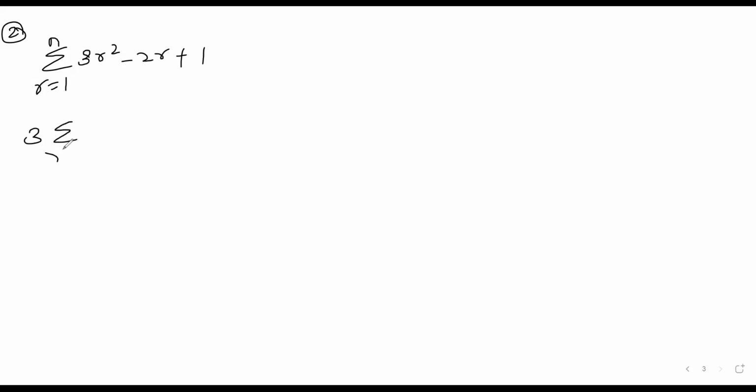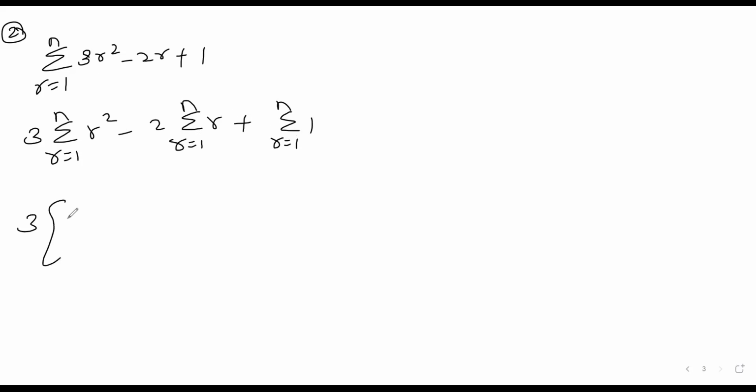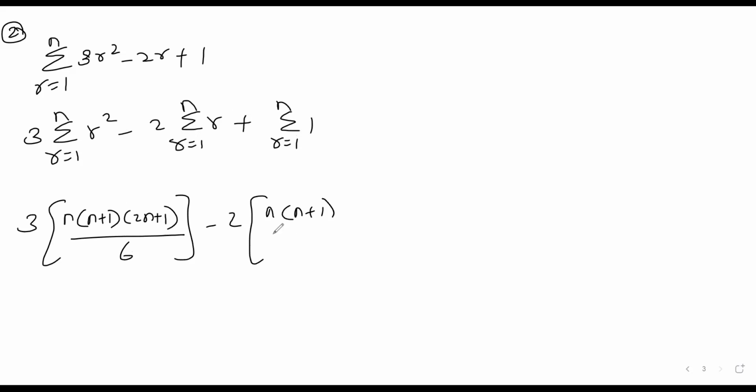So it is 3 summation r runs from 1 to n r square minus 2 summation r runs from 1 to n r plus summation r runs from 1 to n 1. This is 3 sum of square of first n natural number n plus 1, 2n plus 1 by 6 minus 2 n plus 1 by 2 plus n.